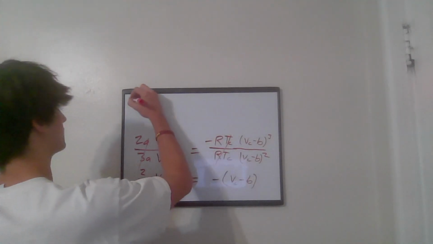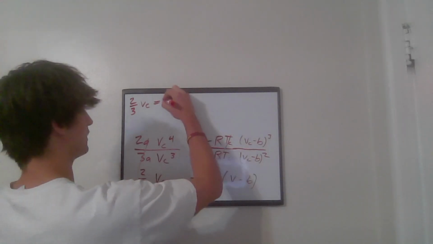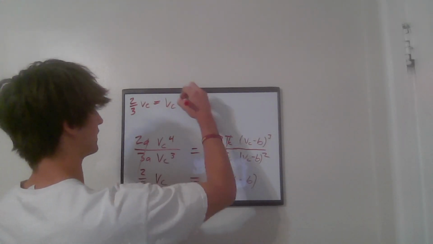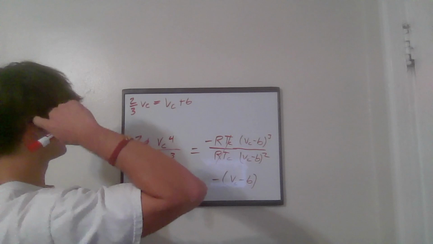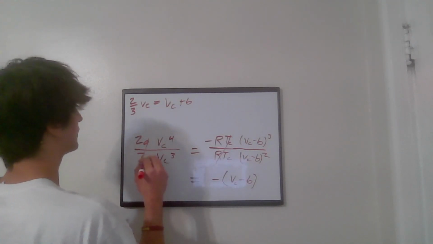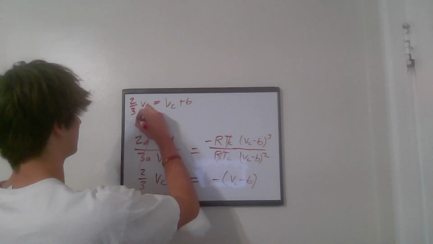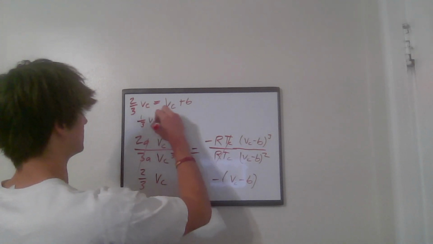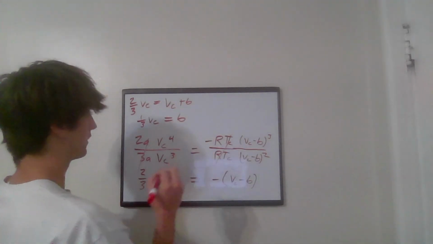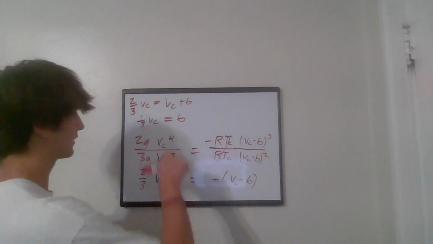So it's going to be 2/3 VC equal to VC plus B. And we can subtract 1 VC from here. So 2/3 minus 1 is going to be 1/3 VC equal to B. So that's going to equal B.